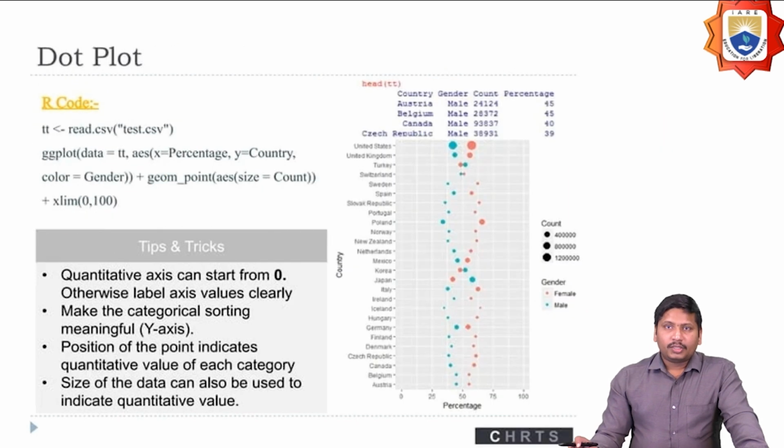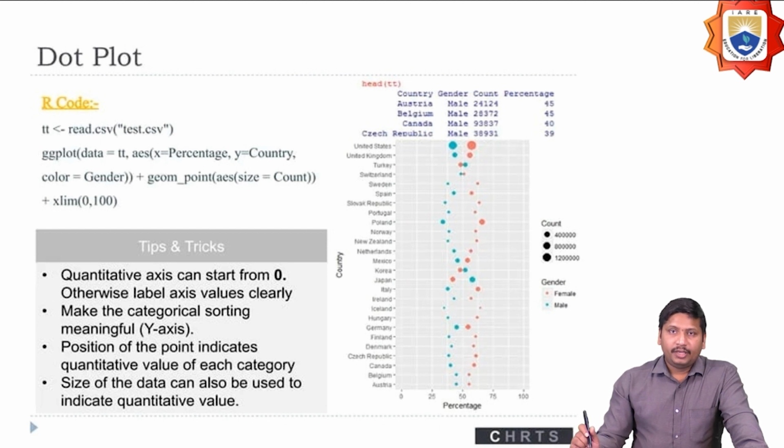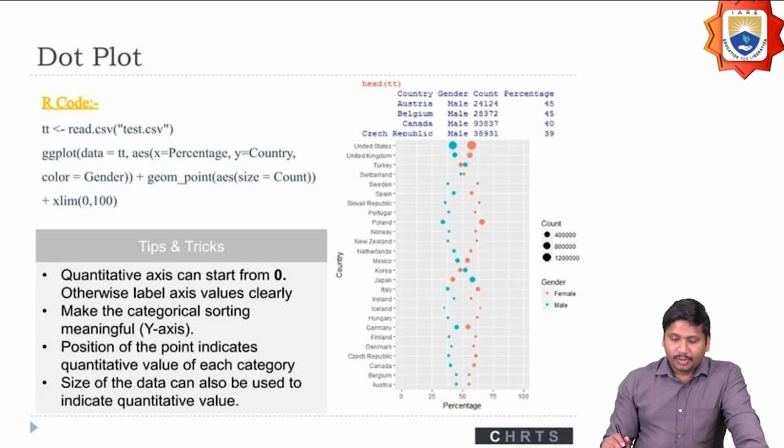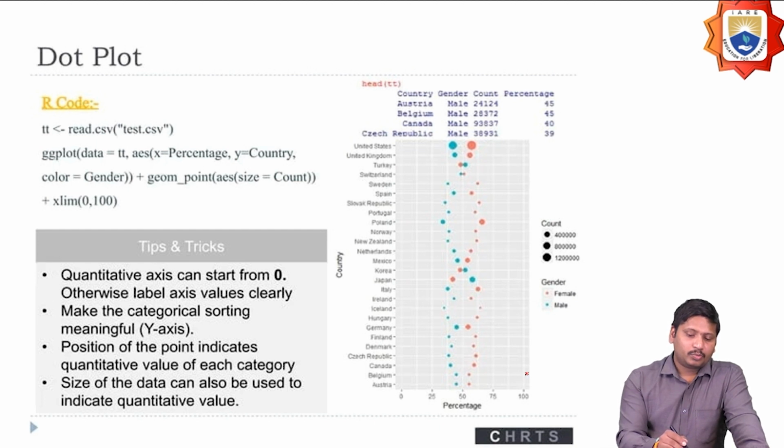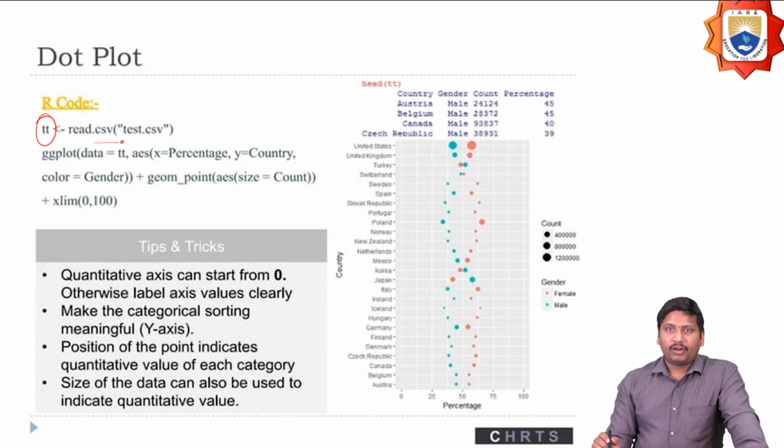Dot plot is the other kind of graph that we are going to have. Here, let's see how the dot plot is going to be represented by making use of this code. So tt is the variable I'm exporting, with read.csv.